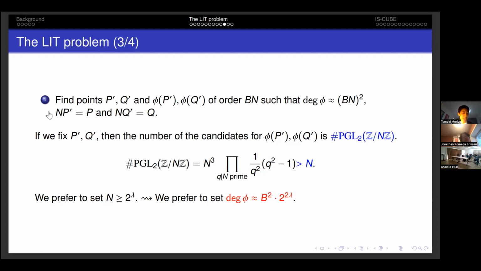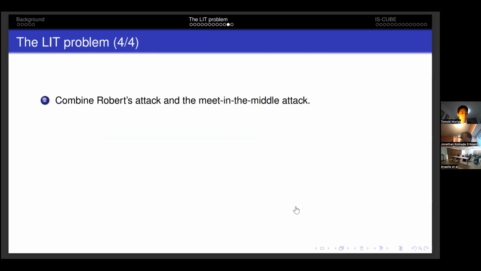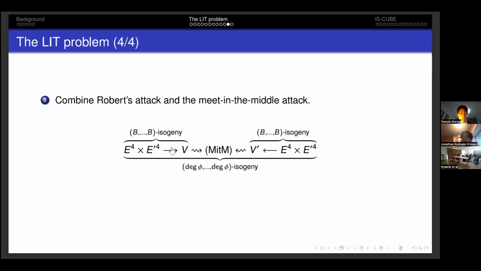Okay, so from the first strategy, we find the relation between the degree phi and B squared. Then next I explain the second strategy, which combines Lobel's attack and the meet in the middle attack. Consider the length of the isogenies.